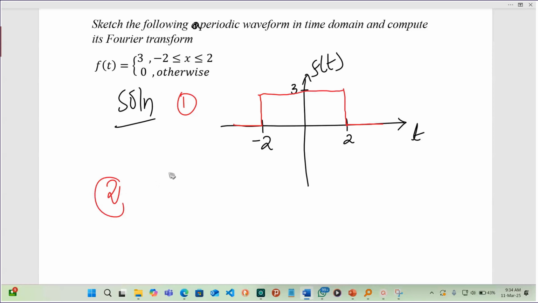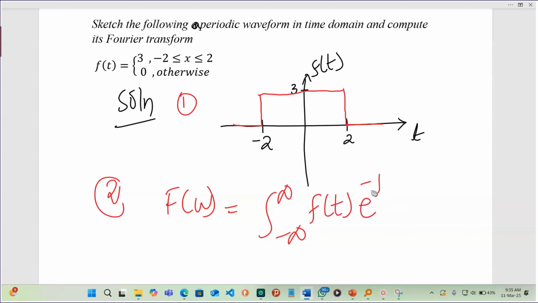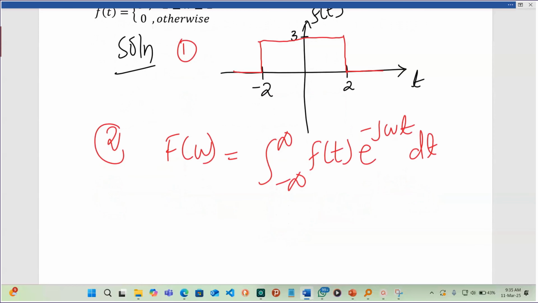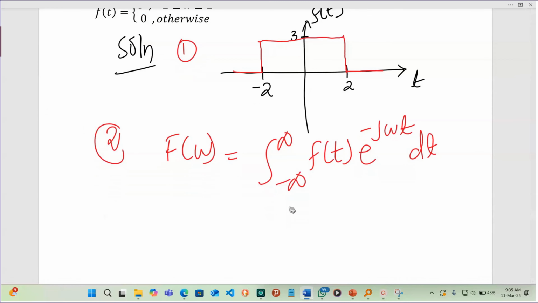So part 2, let's look at its Fourier transform. So F of omega, first of all, is equal to integrating from negative infinity to positive infinity of f of t times exponential of negative j omega t with respect to t. So let us put in the function f of t.